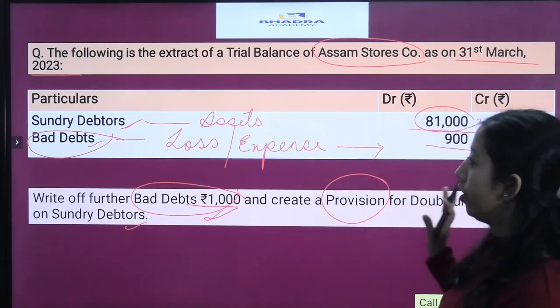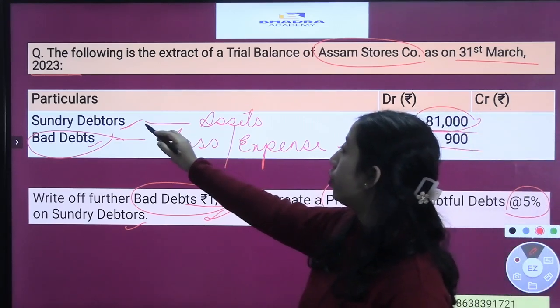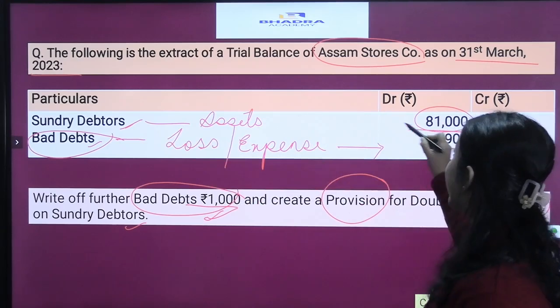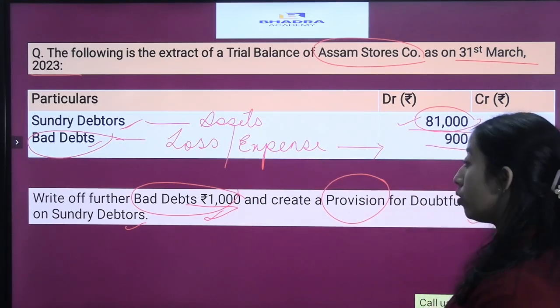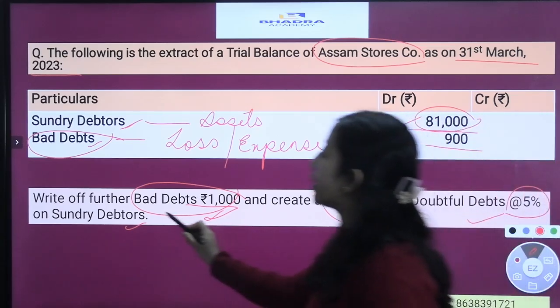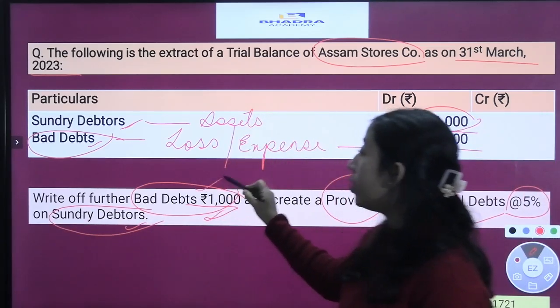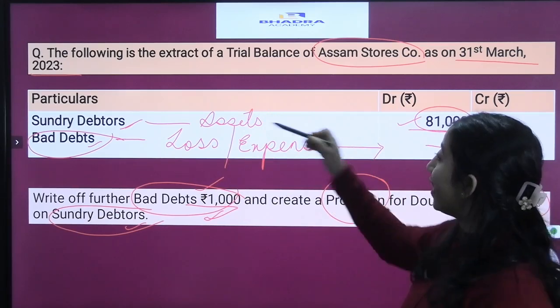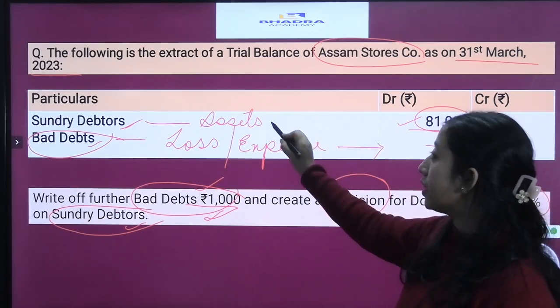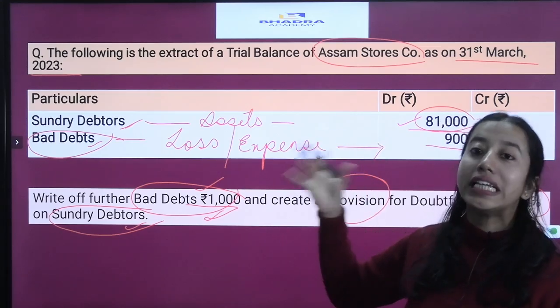We know the rule here. Sundry debtors will decrease because the provision will also be made from the same sundry debtors, and bad debt will also be written off. So our debtors will decrease, and it is an asset account, so we will credit.